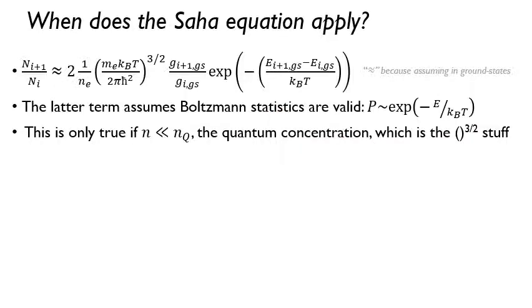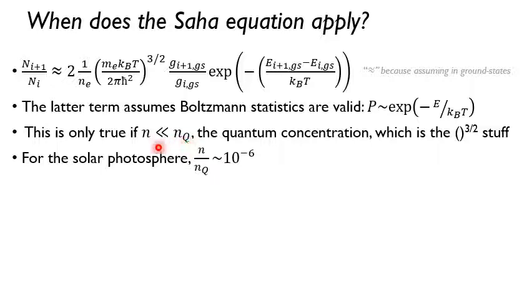So this is only going to be true, you're in a non-degenerate environment, if the density is much less than the so-called quantum concentration. The quantum concentration, you will solve this in the homework, but basically it's the volume that a particle would occupy if its extent were only the de Broglie wavelength.